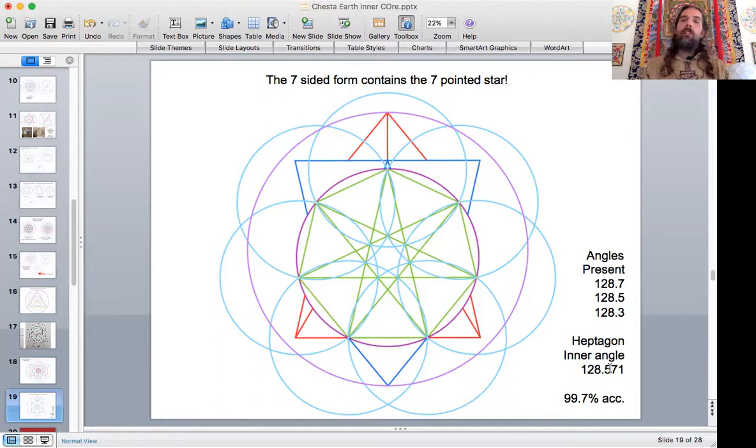A perfect heptagon is 128.571, which is so close that all of a sudden I found the method to create the other points around here and put the 7-pointed star in with 99.7% accuracy. These are the internal angles: 128.7, 128.5 for this one, 128.3 for this one. And it's so perfect to actually come back to the 7 with the 7-sided form in the unionized version.